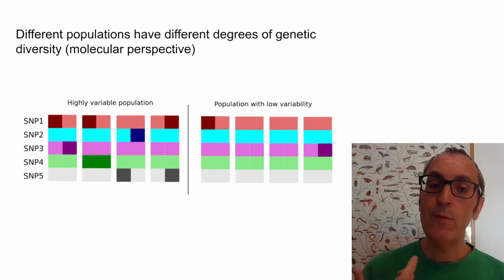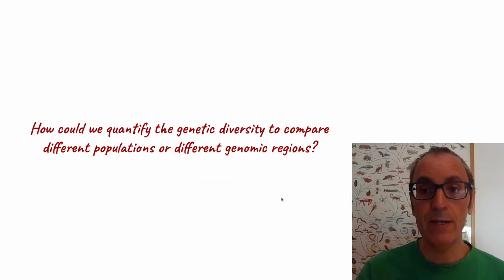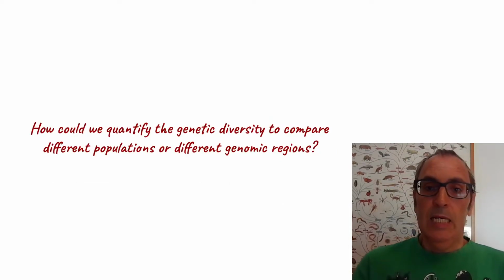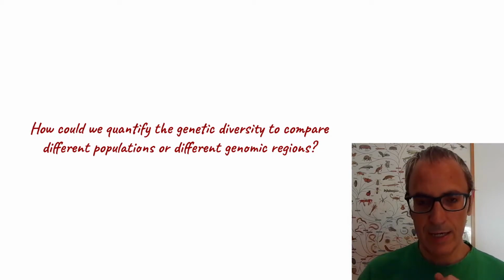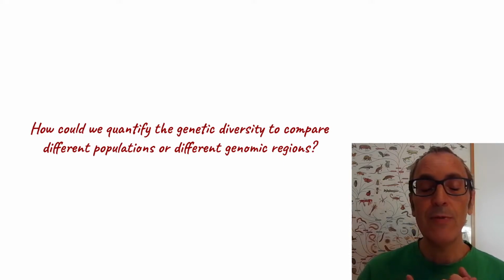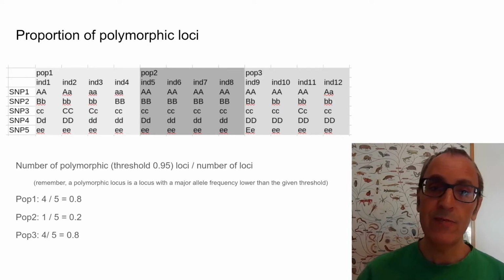We have populations that at the genetic level are highly variable, highly diverse, and populations that have very low variability. How could we quantify the diversity of the different populations or of different genomic regions? Well, we can think of different measures for this diversity, different indexes.